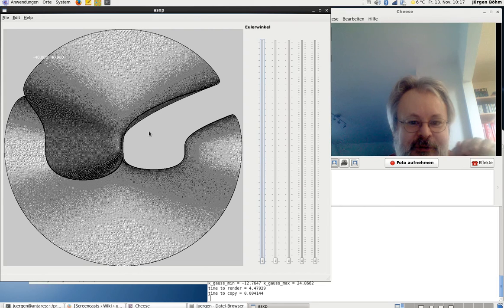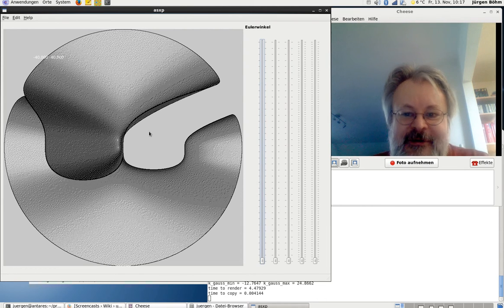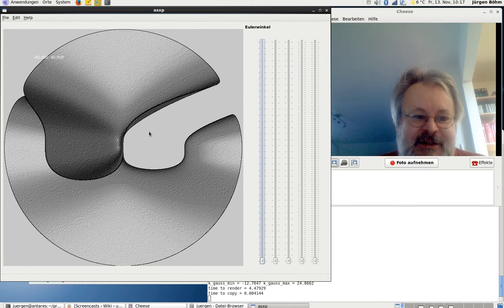We are looking straight on this surface along the Z direction. This is, I think, the Y direction, and this is the X direction, and we look through the Z direction.